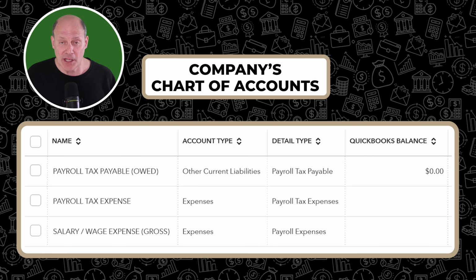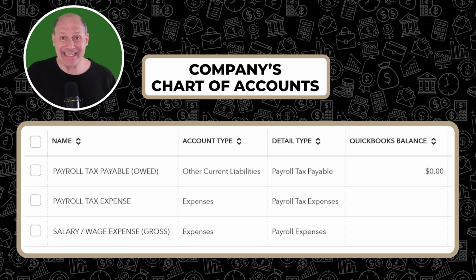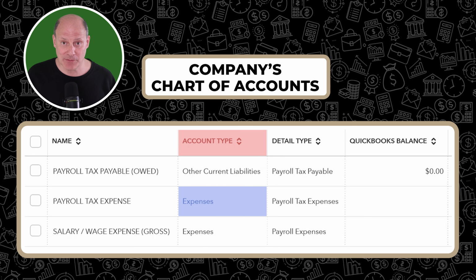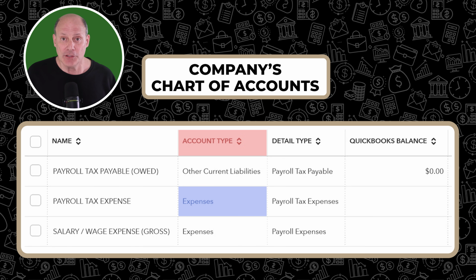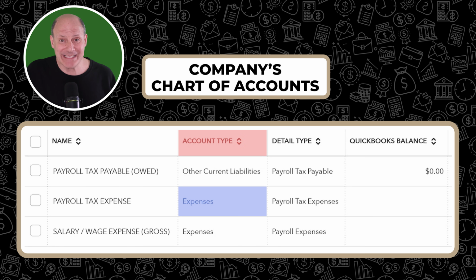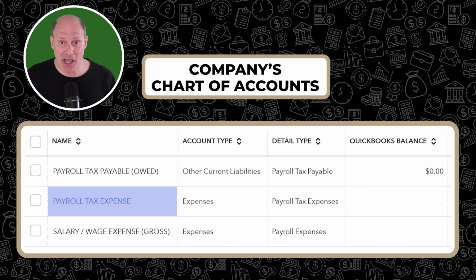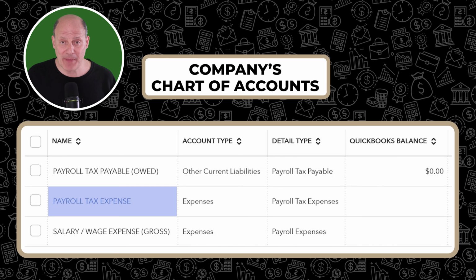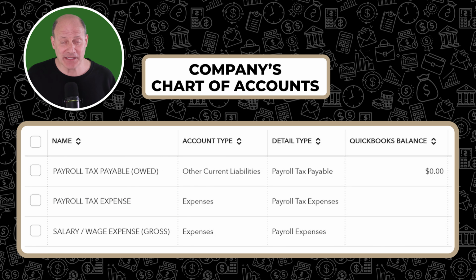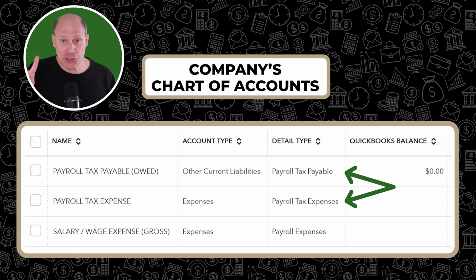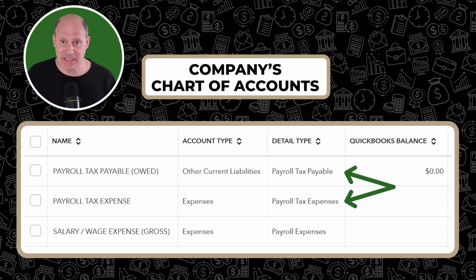And then, of course, the company must have an additional expense account in the chart of accounts to record the payroll tax that they owe and must send in to the government at the moment they pay the worker. In fact, there are actually two accounts that relate to the payroll tax.